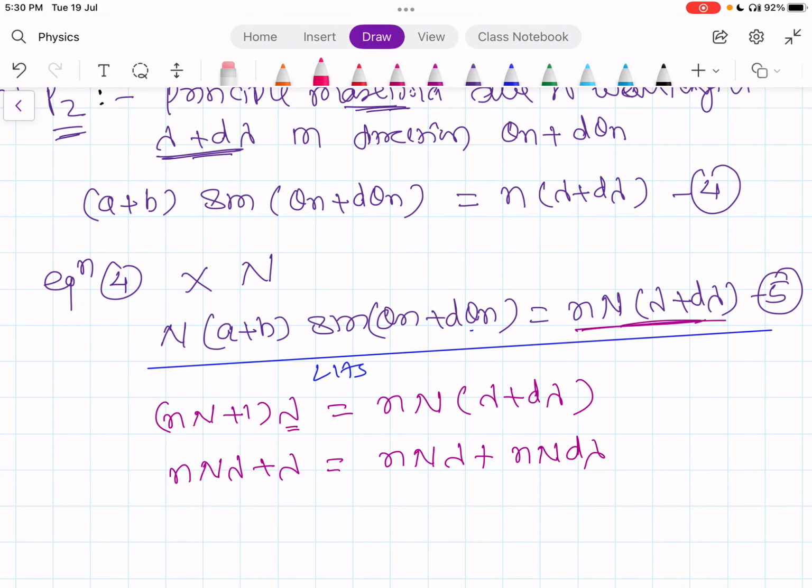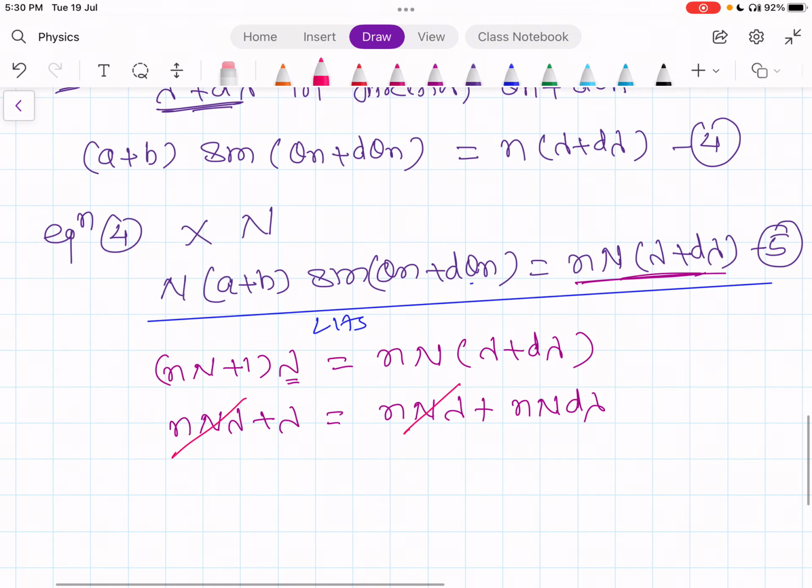The nN lambda cancels on both sides, and we get lambda upon d lambda, which is nothing but the resolving power. So lambda upon d lambda equals small n into capital N. This small n is the order and capital N is the number of slits.